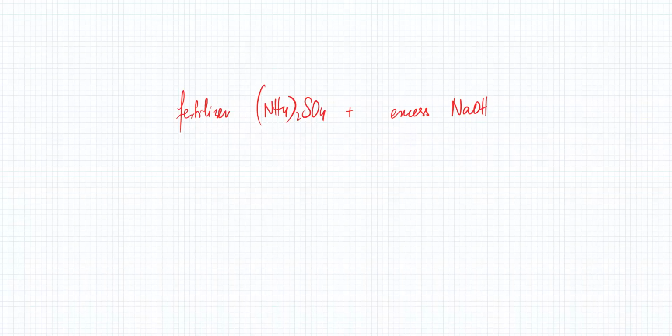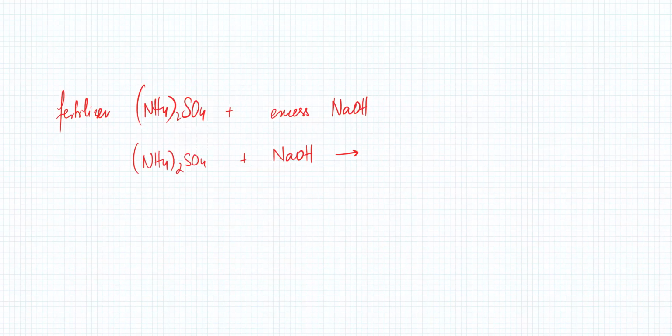Now, they're asking for the equation as well. So ammonium sulfate with NaOH, what would happen? First, the OH will turn into water. The NH4 will turn into NH3. And what is left is your salt. That's going to be Na and SO4.